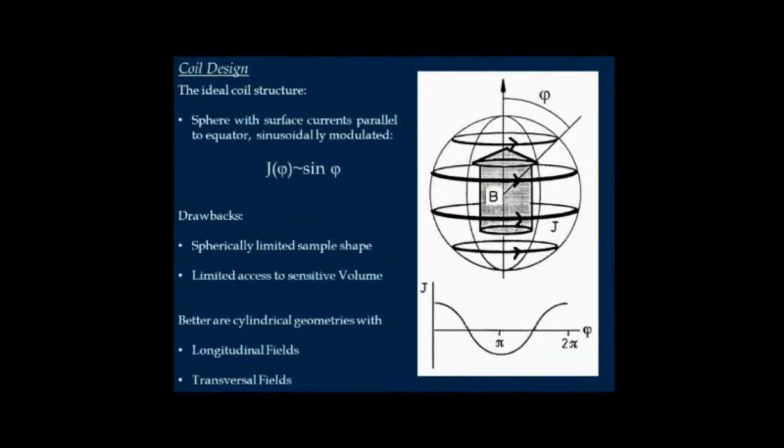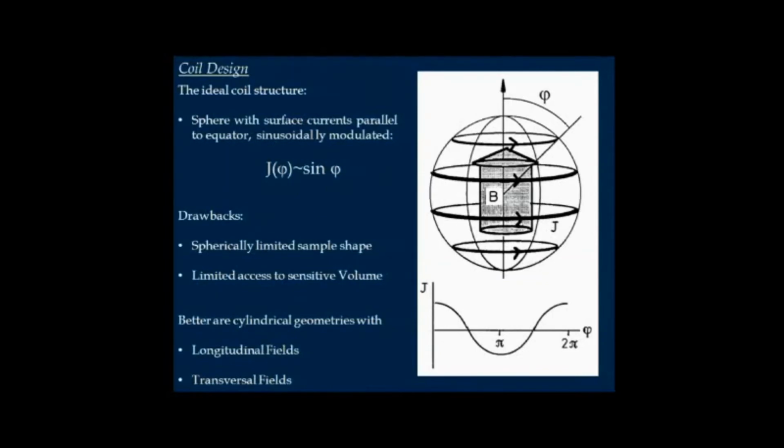Okay, now what should the coil look like? The ideal coil structure would be a sphere with currents running parallel to its equator, and these currents being sinusoidally modulated with 0 at the poles and maximum at the equator.